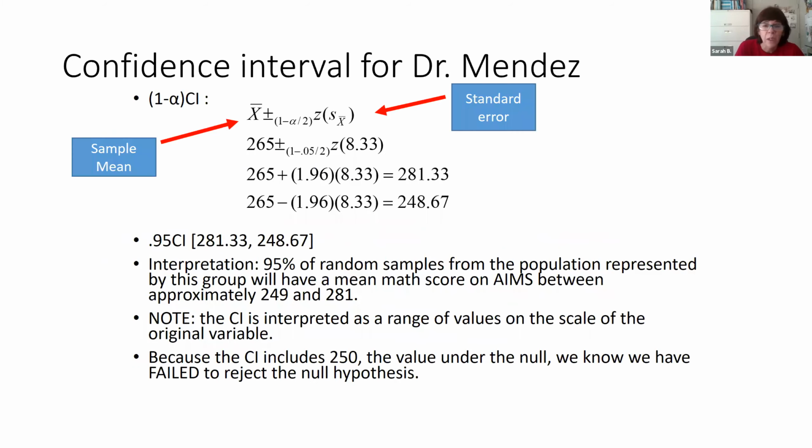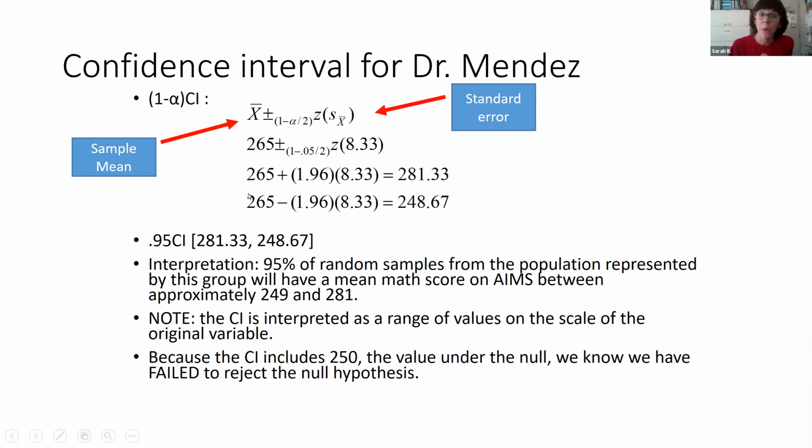So we do this with our data. We have the mean plus or minus. We're going to put in 1.96, which is the Z for 0.975. Multiply that value, 1.96, times 8.33, which is our term from before. And then we're going to do two things. It's plus or minus.